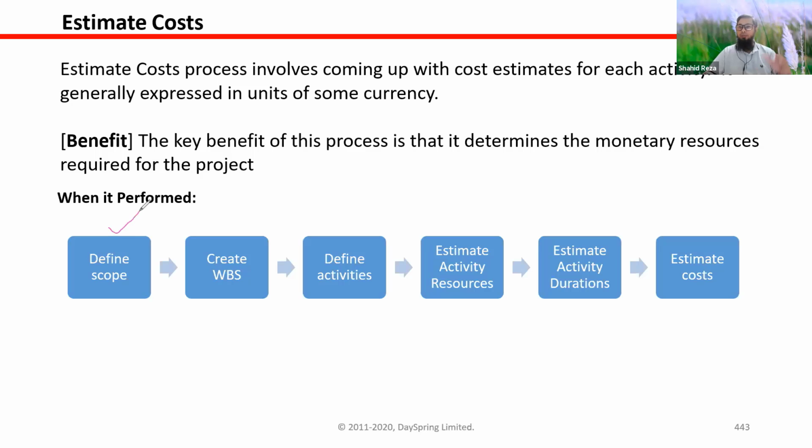In define scope, we have defined the full scope. Then we have created the WBS, right? Then we break down the WBS into activities. In the middle, there will be work packages actually. So in the WBS, we get work packages and we will break those work packages into different activities.